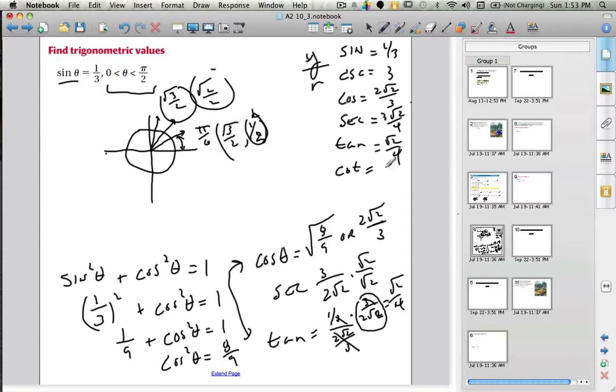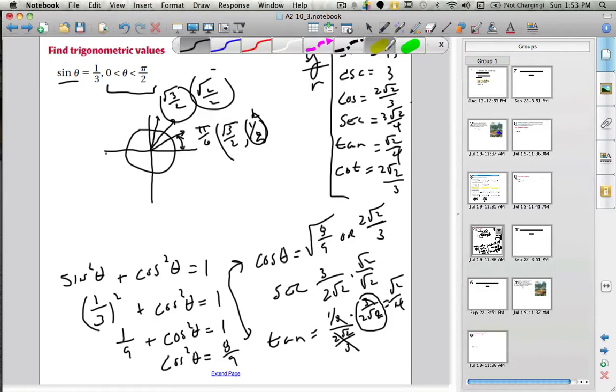If I invert this now, I'm going to get cotangent, 2 root 2 over 3. So by using this trig identity, I was able to very quickly come up with all these different values for the different trig functions.